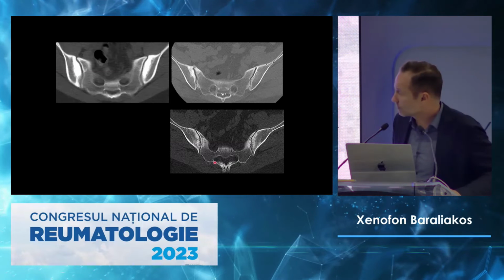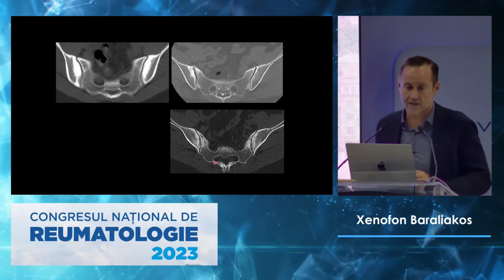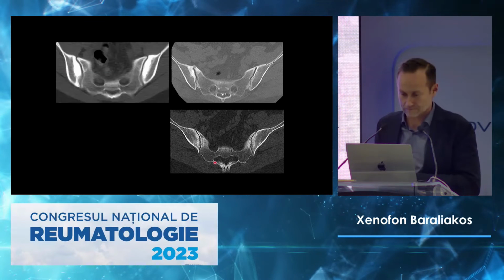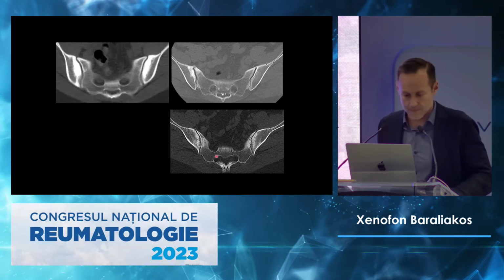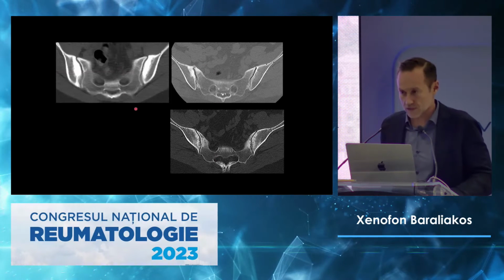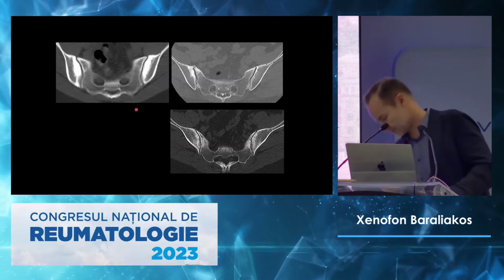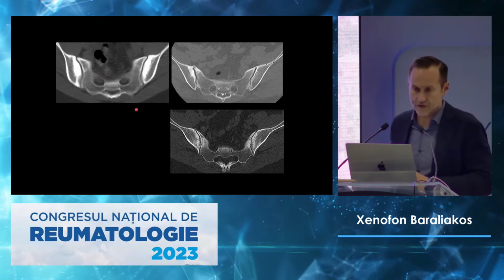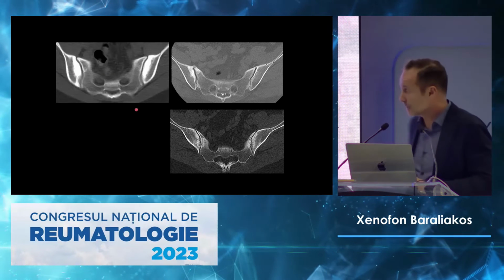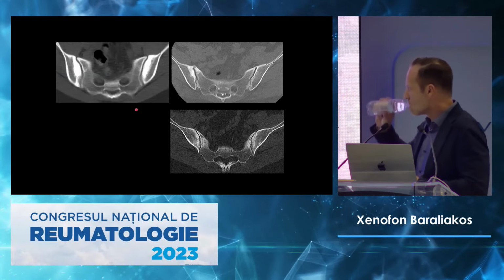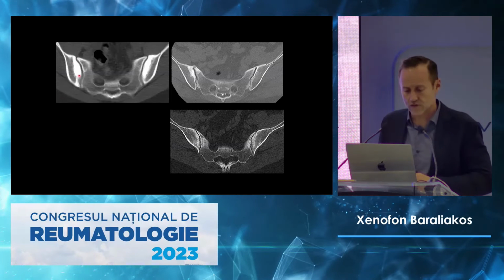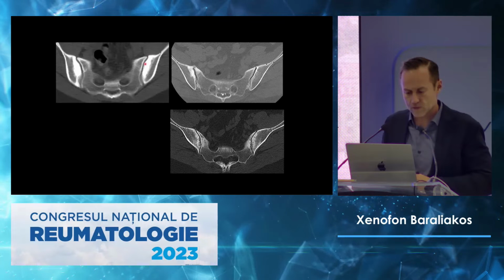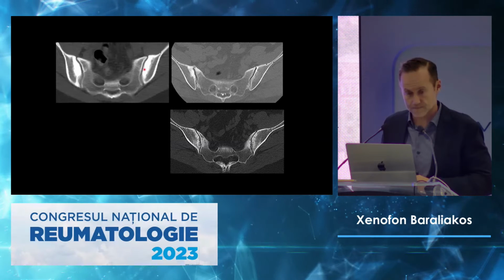Now, those of you who may want to think a little bit, I give you 10 seconds. And you have to think about those three different patients. What are the diagnoses and why? We have different findings on the joints. We have a lot of sclerosis, but well-preserved joint lines.